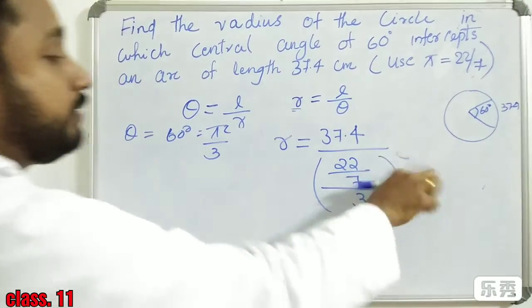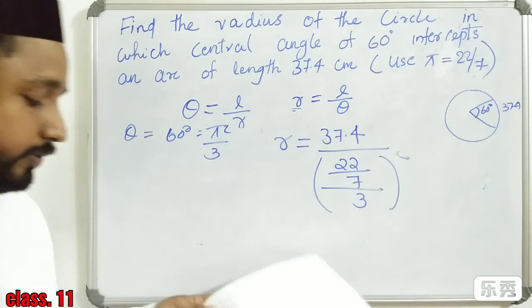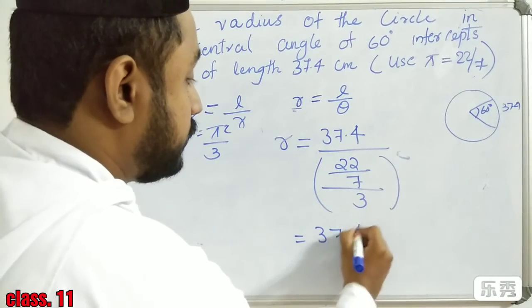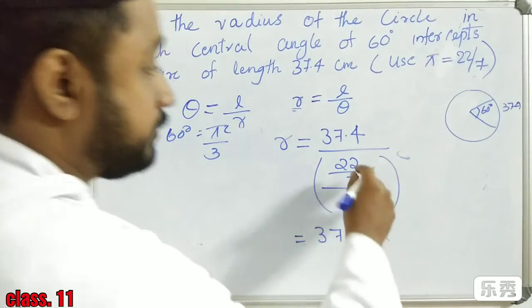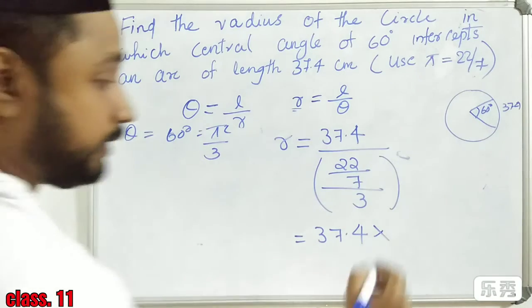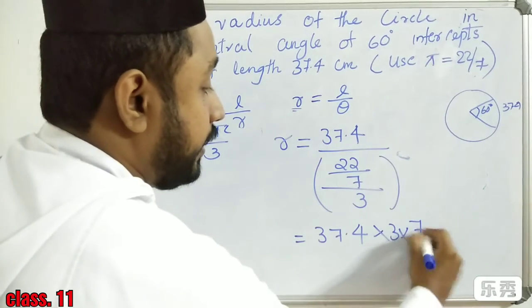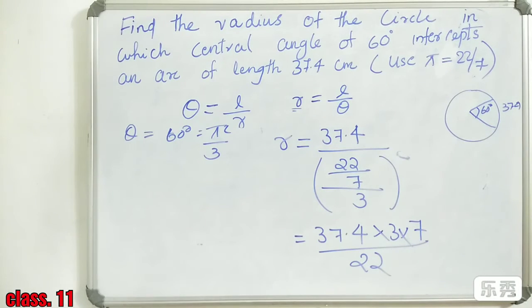The 3 will become the numerator, 7 also in the numerator, and 22 in the denominator.